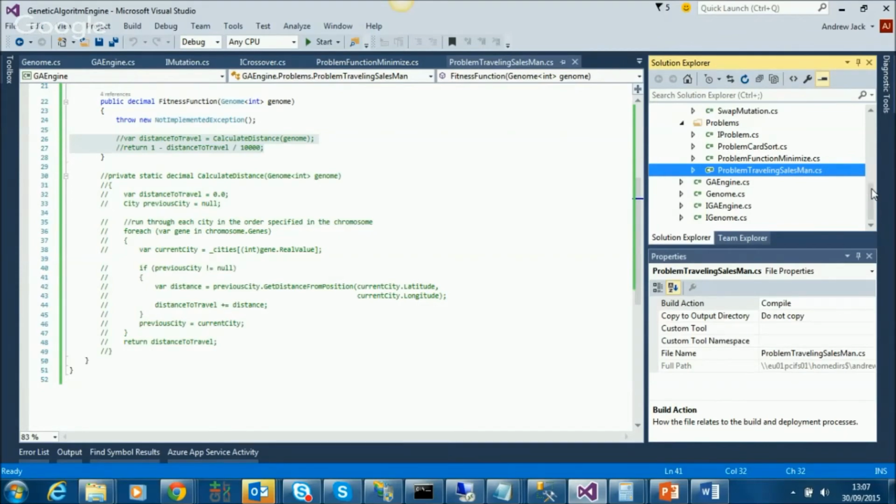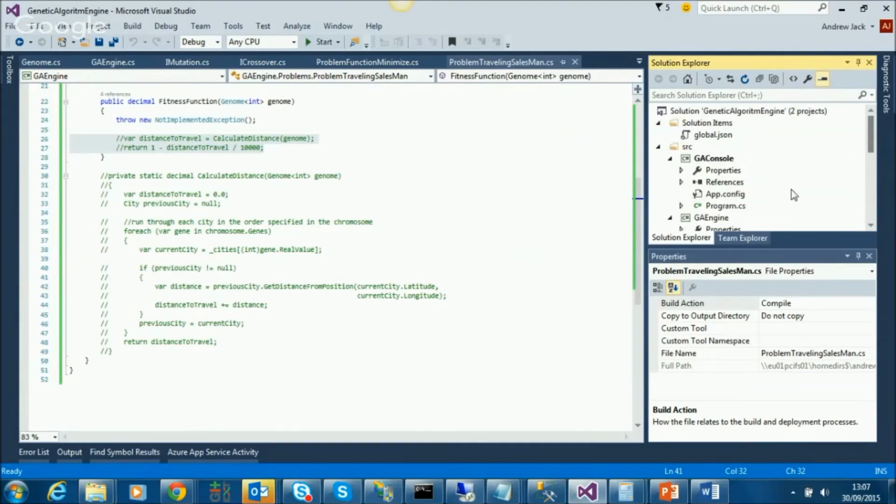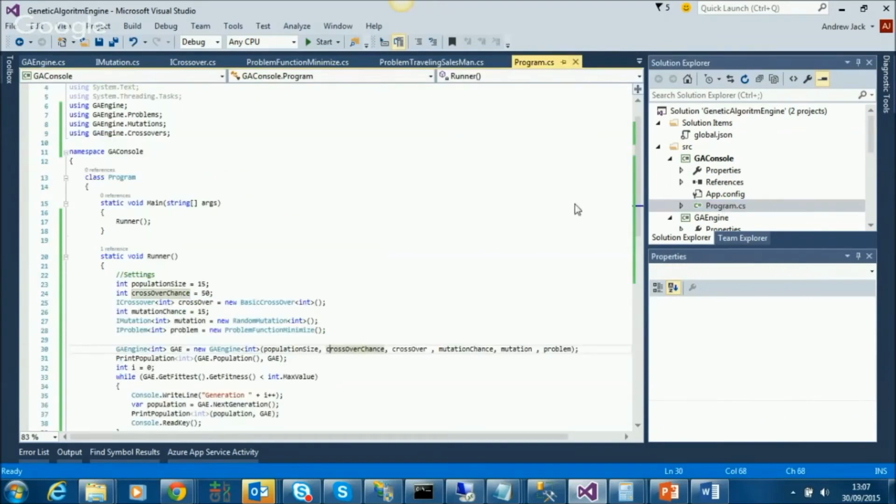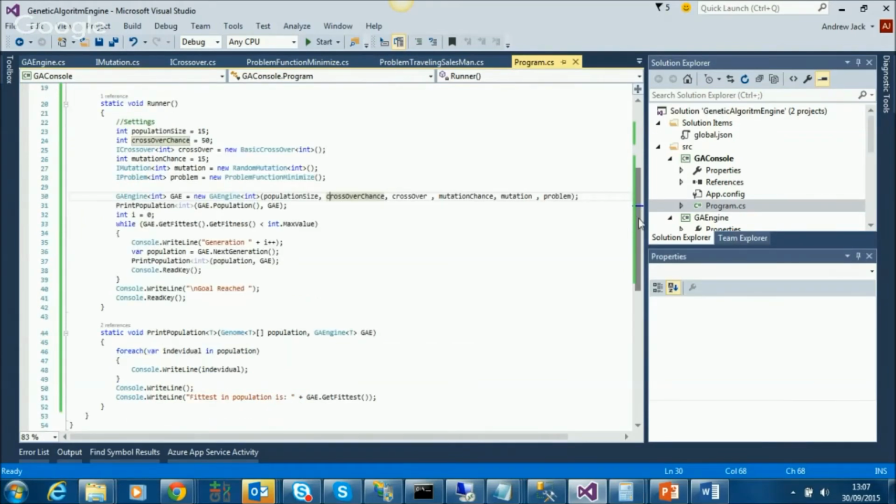So let's have a trial run of that. Okay, so what we've got here is a little runner, we've got population size we're setting to 15. So we have 15 individuals in every population. Crossover chance between any 2 individuals is going to be 50%.